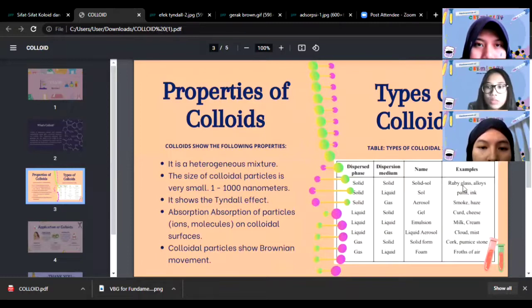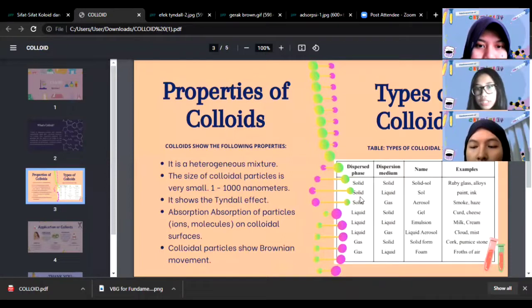For example, ruby glass and alloys. If the dispersed phase is solid and the dispersion medium is liquid, the name is sol. For example, paint and ink. And if the dispersed phase is solid but the dispersion medium is gas, it is aerosol. For example, smoke and haze.